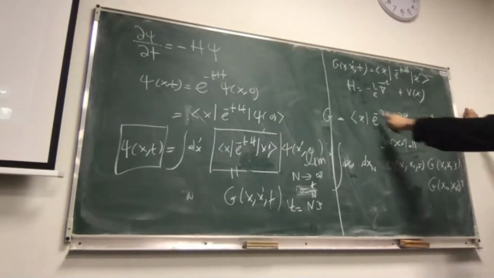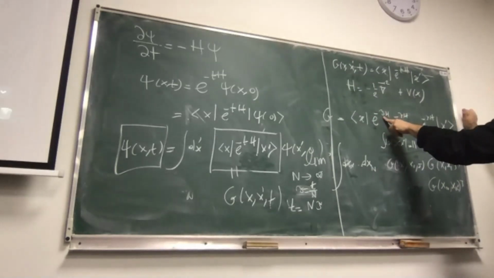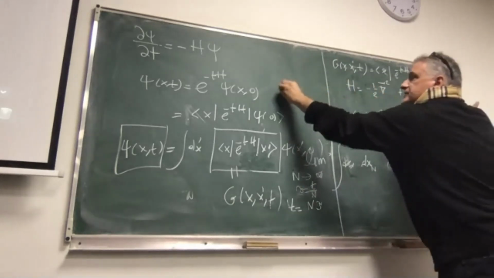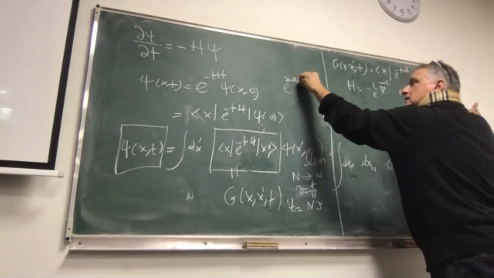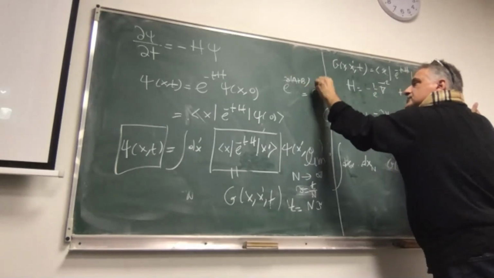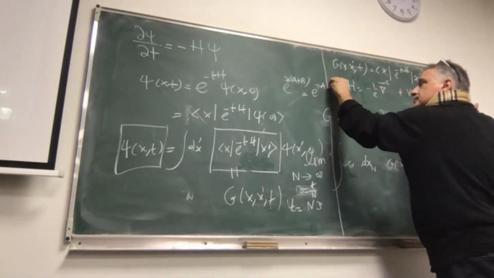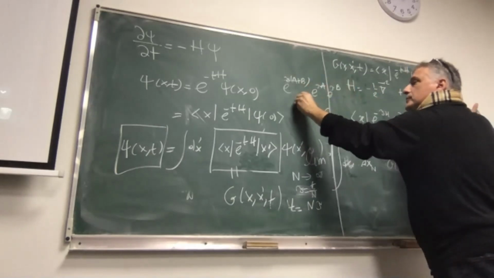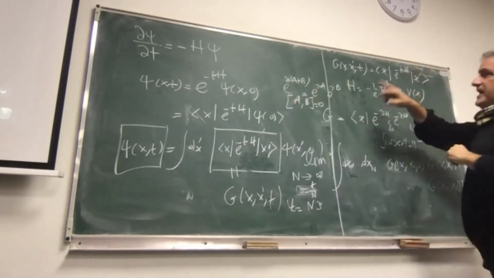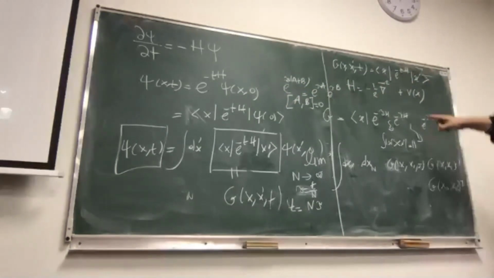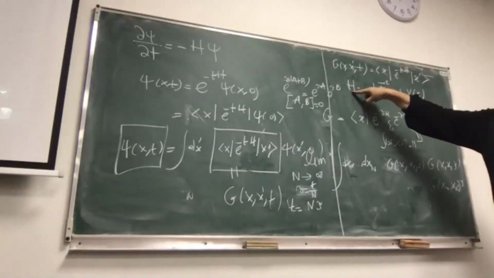This is the total H. You can write exponential of tau (A plus B) equal to exponential tau A times exponential tau B if A commutes with B, which is the case here, since H commutes with itself. So you can write exponential of minus tau H as a product.